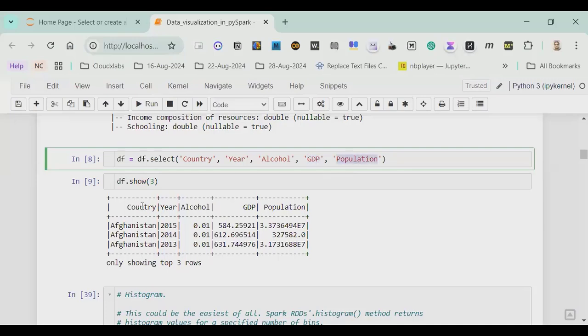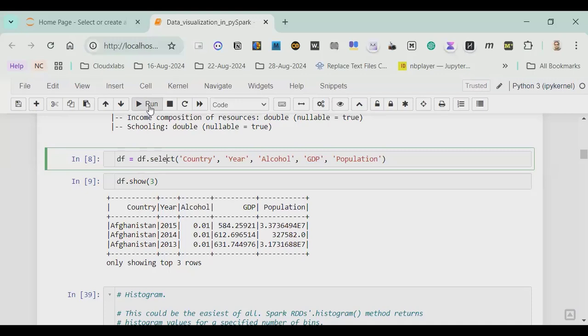I'm storing only a few columns, but of course you can take any columns, that's up to us. In our case, we have taken the country name and the year collected, alcohol, GDP and population.